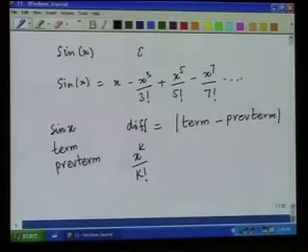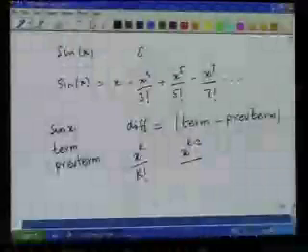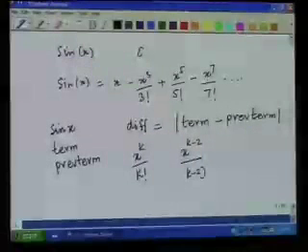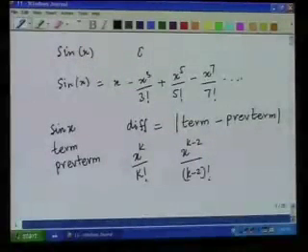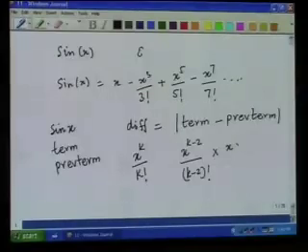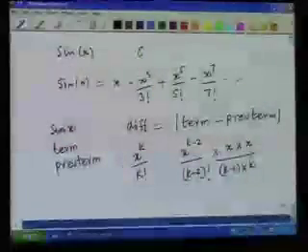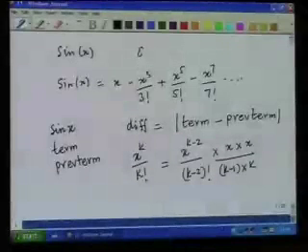Instead of that, we can use the fact that we already know what the previous term was. The previous term that we had computed was x to the power k minus 2 divided by k minus 2 factorial. So if you just multiply this by x twice and divide by k minus 1 times k, that gives us the value for the next term.